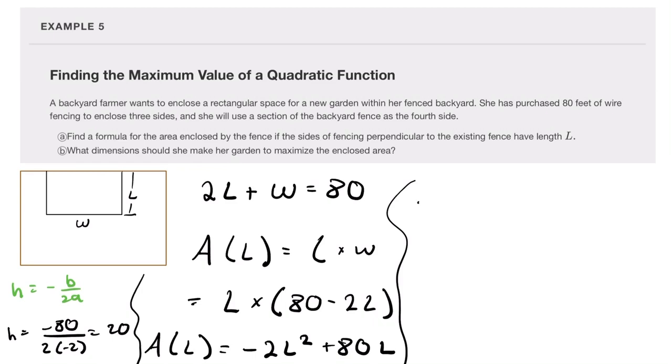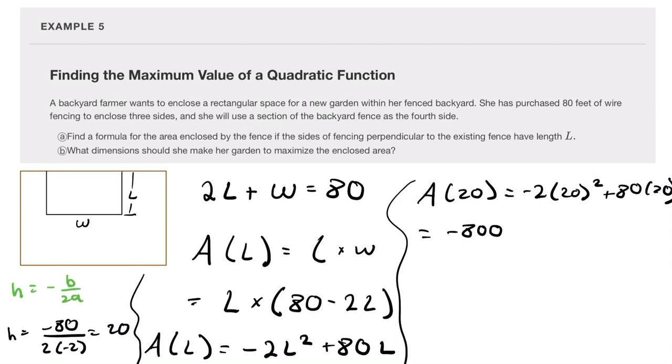All right, so then A of 20, that's going to be what? Negative 2 times 20 squared plus 80 times 20. Okay. 400, so negative 800.